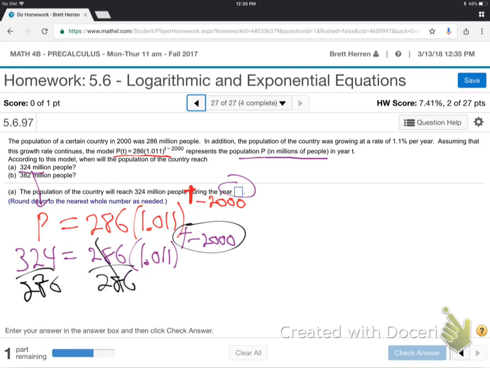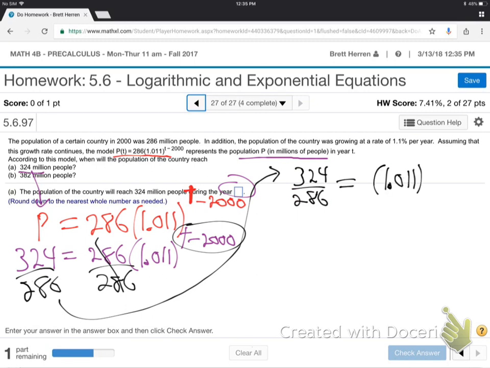Boom. Like that. 286, bring it over here. So we have 324 over 286, and we have 1.011 to the T minus 2,000. Okay, and now what?